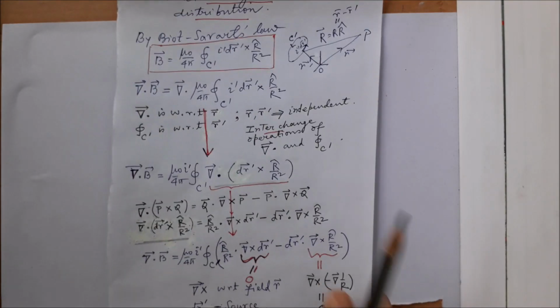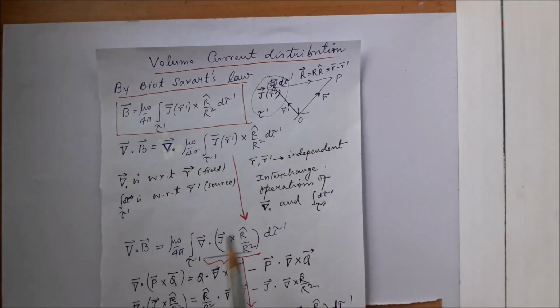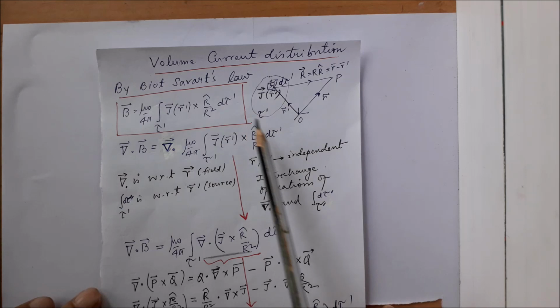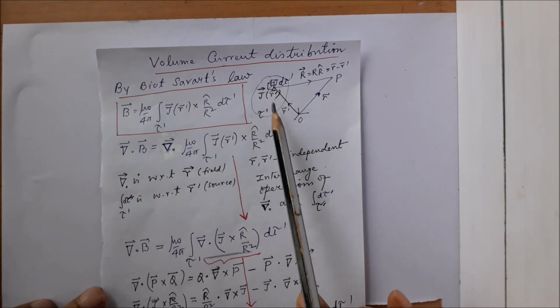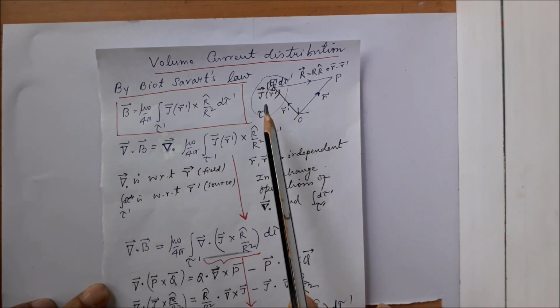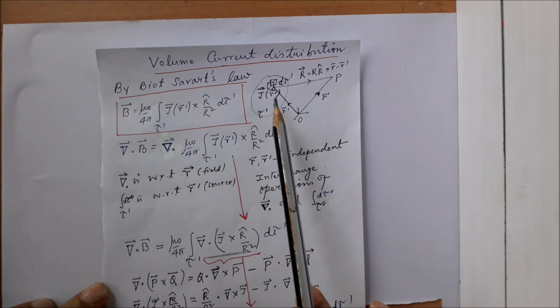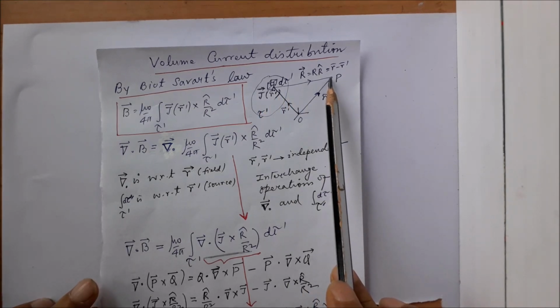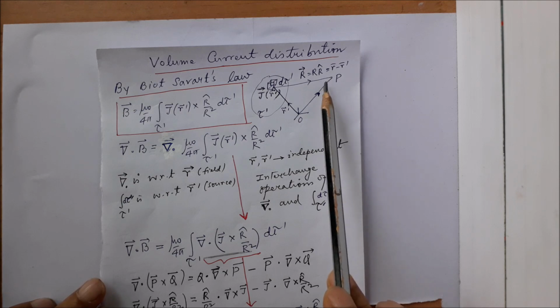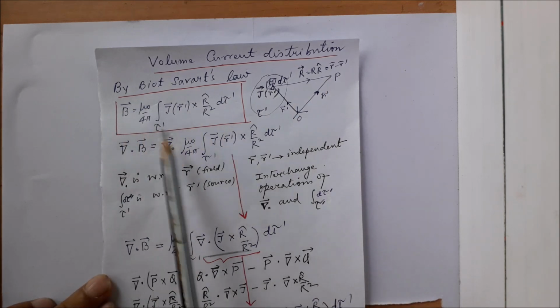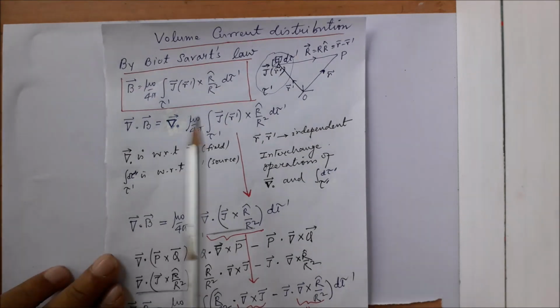We now go over to volume current distribution. Now this is a volume current distribution. This is the volume under consideration, and this volume has some current in it which produces a magnetic induction at the point P, and this value of magnetic induction is given by Biot-Savart's law. Now let us take divergence.